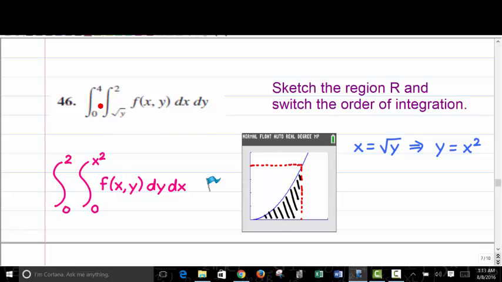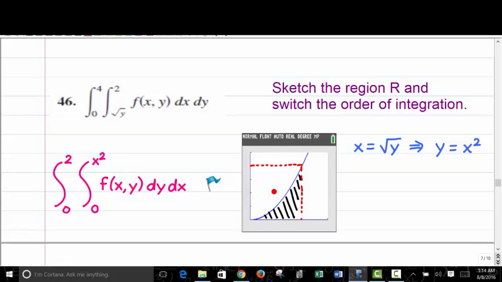It's because the region helped me graph it, but to know which part it would have been, if x is going from the square root of y to 2, that means the square root of y would have to be on the left, and then 2 is on the right. Because the 0 to 4 doesn't tell you anything.